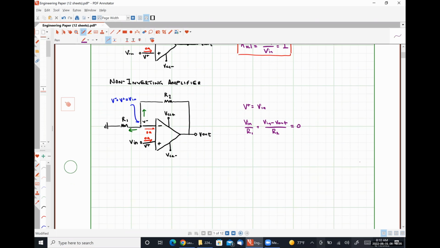And with a very small amount of algebra, what we will find is that our output voltage V out will be equal to 1 plus R2 over R1 times Vn. And we therefore have a closed loop voltage gain AVCL of 1 plus R2 over R1.